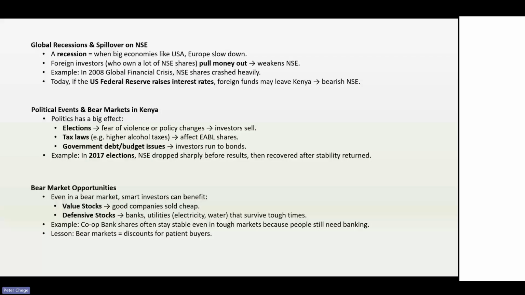Companies like Stanchart, EABL, Williamson Tea, Kakuzi, the ones which are expensive, remember the prices will have gone down during a bear market. So what does that mean? An investor sees that as an opportunity to buy, pump in a lot of money, buy a lot of shares, then target when the share goes up.